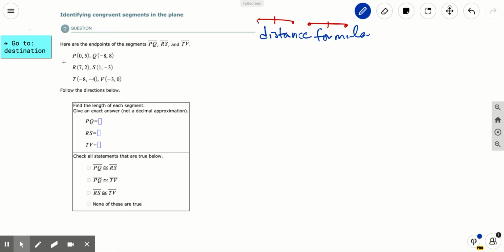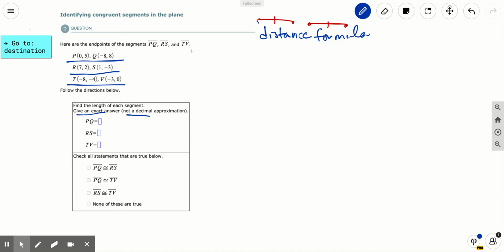What they're going to give you are the coordinates of these points, so you have to find the distance. Find the length of each segment. Find the exact answer, not a decimal. That means you leave it in the square root, okay? And then you have to figure out which ones are congruent.